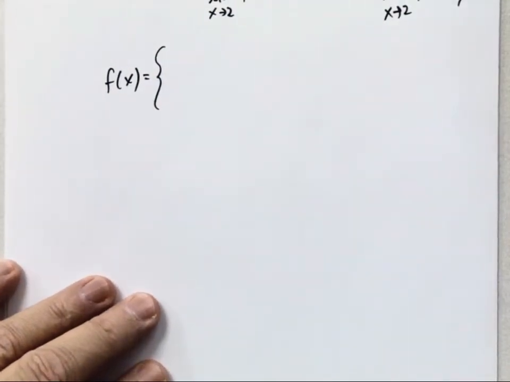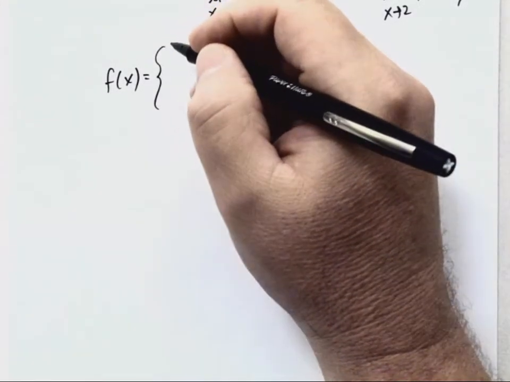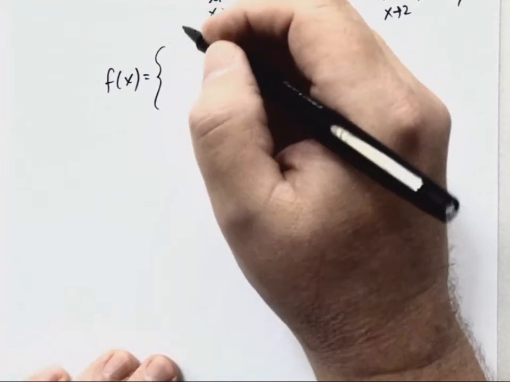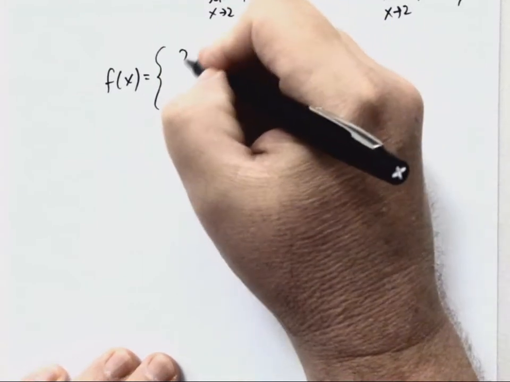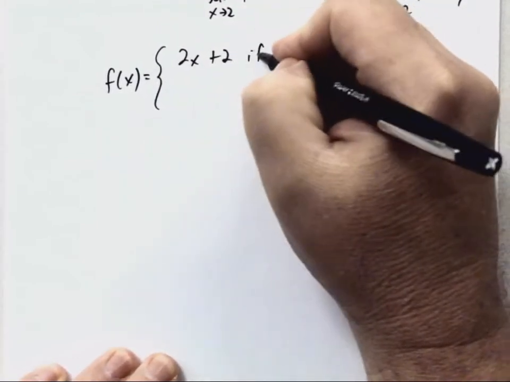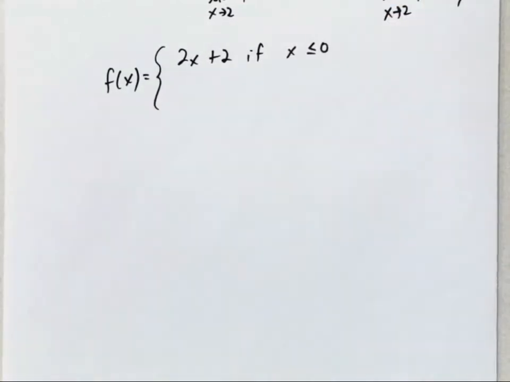That's what a piecewise function is. f of x is 2x plus 2 if x is less than or equal to 0.